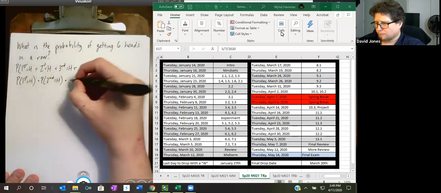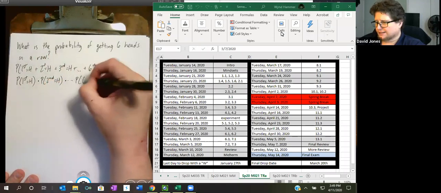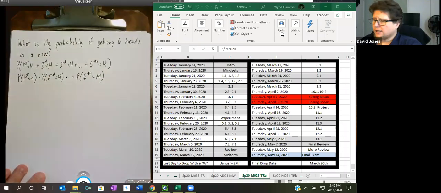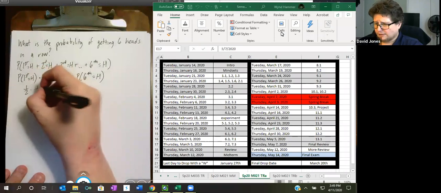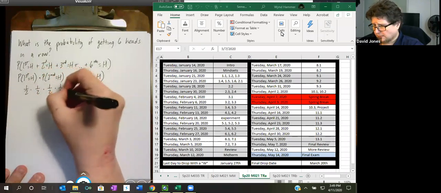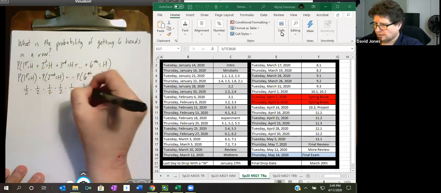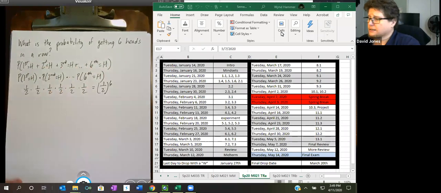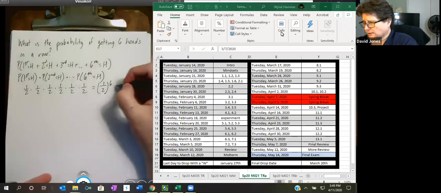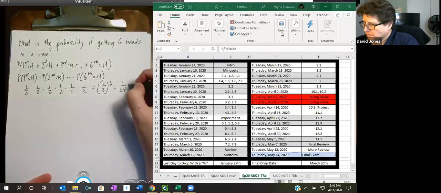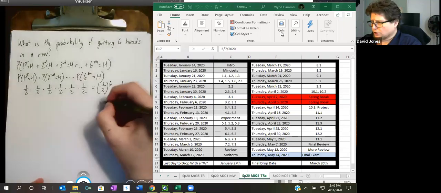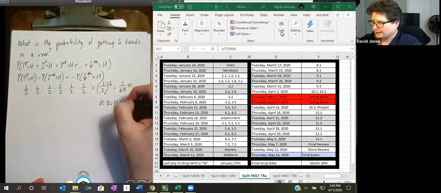And we keep doing the multiplication until we have the probability of the sixth equaling heads. Each one of these is 1/2. This is 1/2 to the sixth power. Should be 1/64, which is approximately 0.015625.